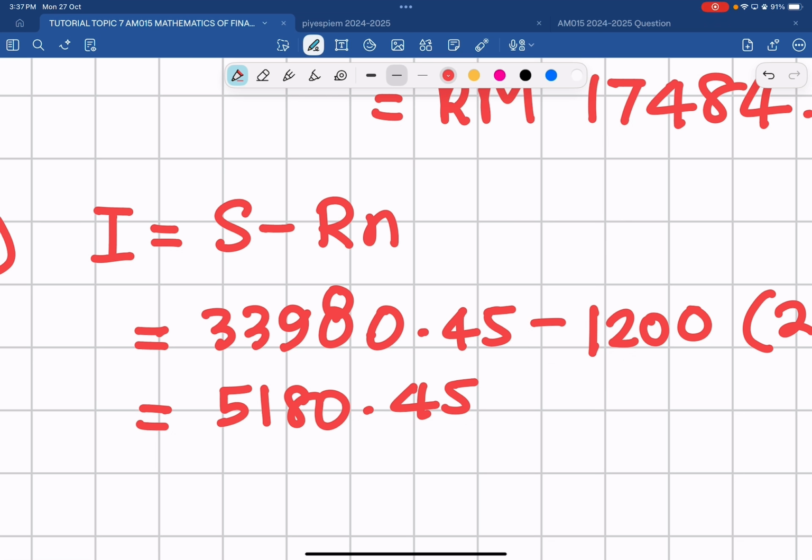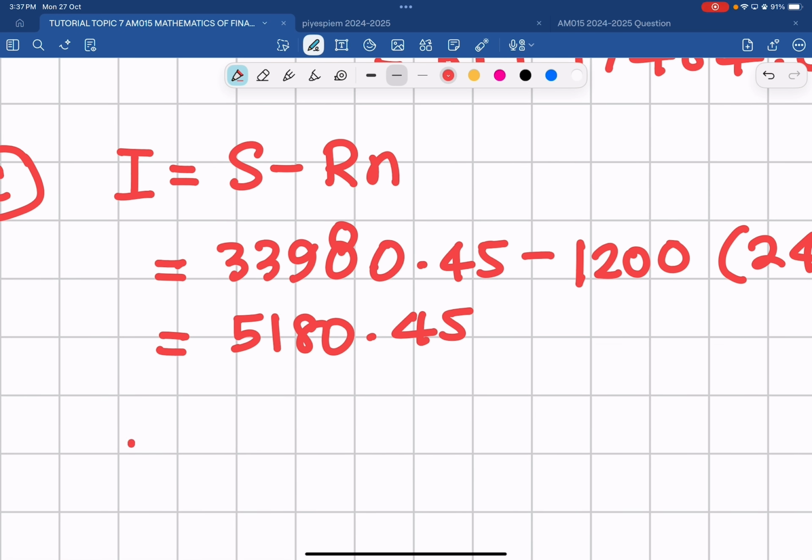That is the interest for the future value annuity. Sekarang kita kena cari interest pula untuk compound amount. Macam mana cari interest untuk compound amount?